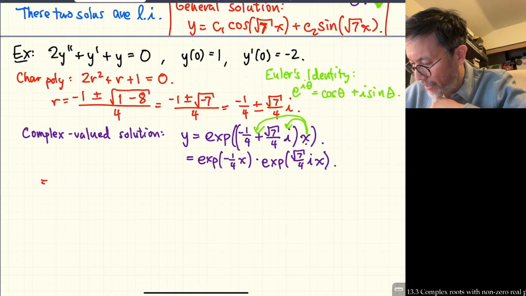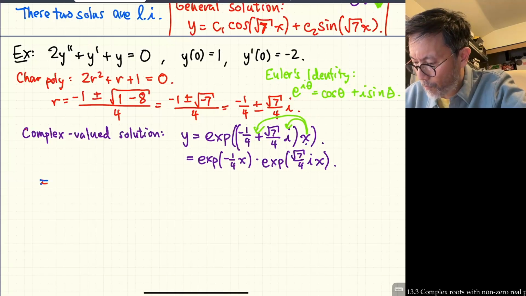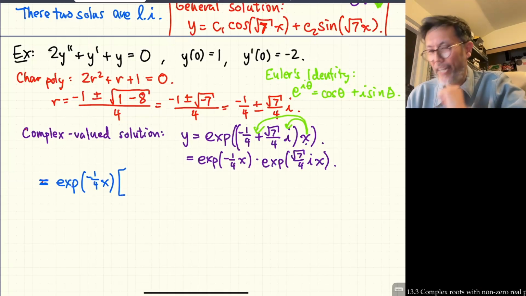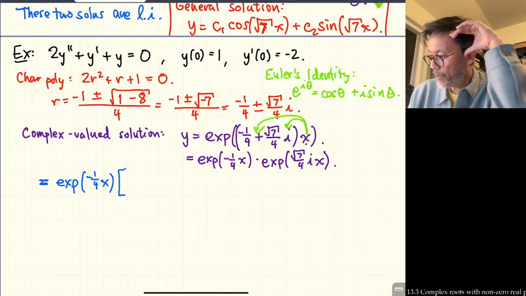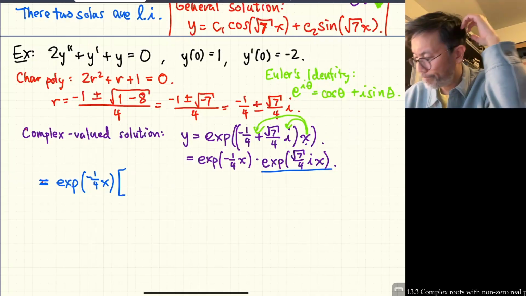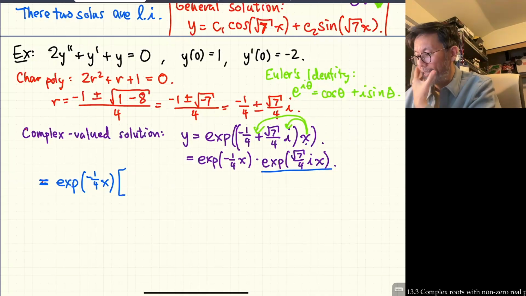We're going to rewrite this as, let's make it blue, exp of negative 1/4 x out front, and then a big old bracket. Because now I'm going to rewrite this part in terms of cosine and sine, playing that same trick. What's playing the role of theta here?